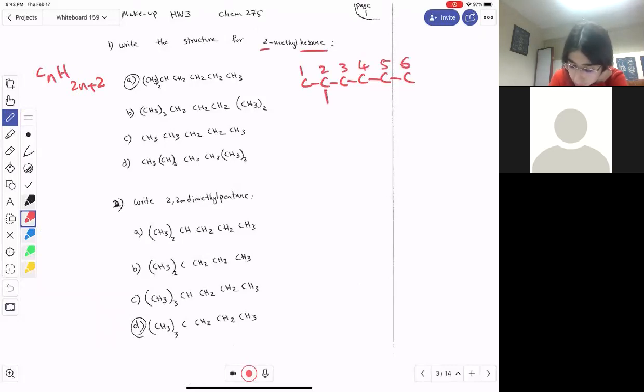Then at carbon number 2, we have a methyl. Remember, it is methane that lost a hydrogen, so this is CH3. The valence of carbon is 4, so it should have 4 bonds. It already has 1, so we'd have 3 hydrogens here.